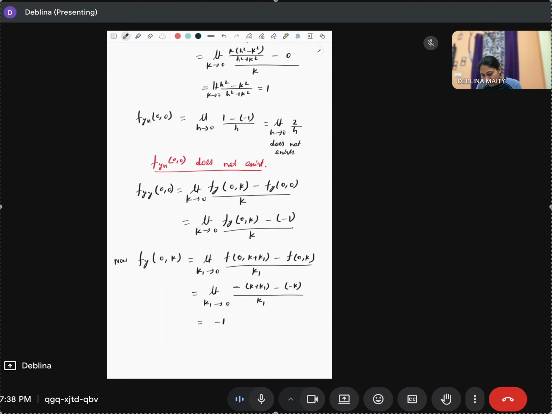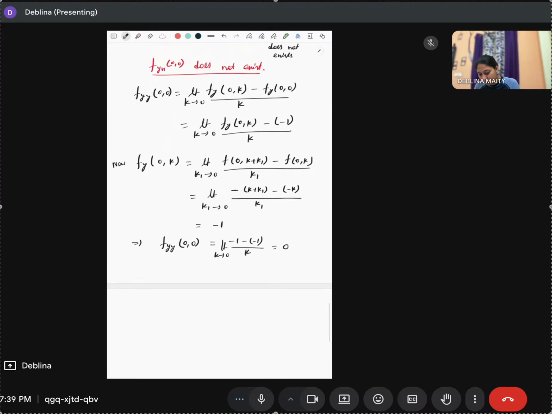So this will be minus 1, right? f_y(0,k) is minus 1, so f_yy(0,0), since both are minus 1, is minus 1 minus of minus 1 by k, and this is 0. So f_yy(0,0) is 0.